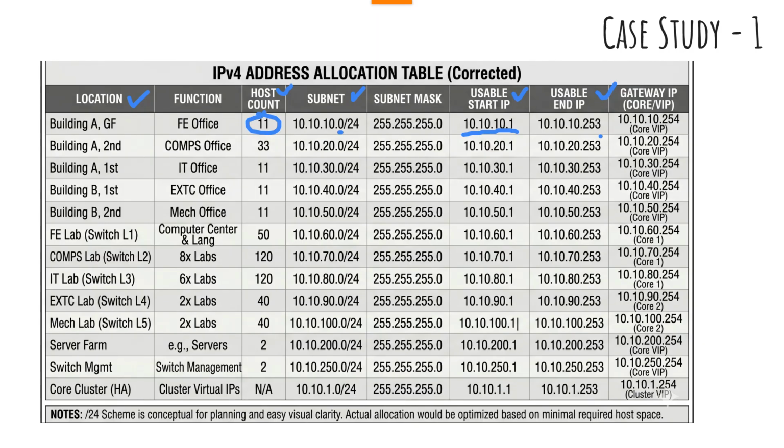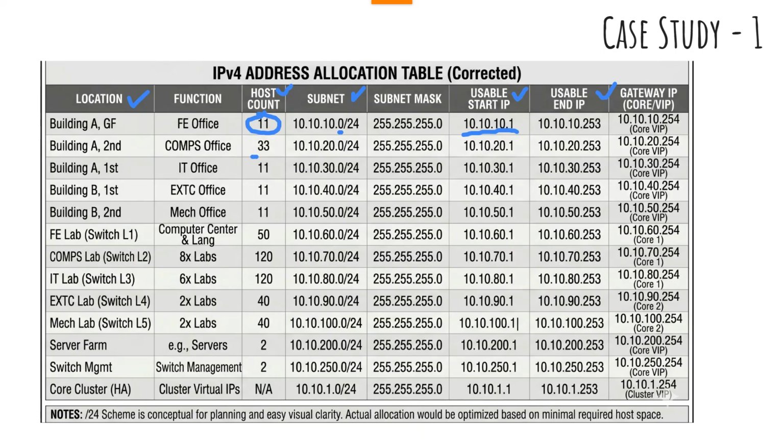This will be my usable IP address range. Now you see here I require only 11, but how many IP addresses am I having? 253. So largely scalable, no problem here.